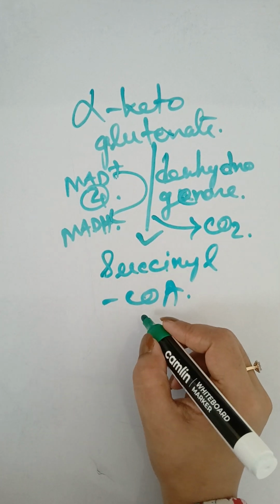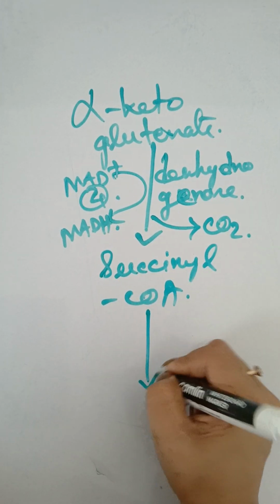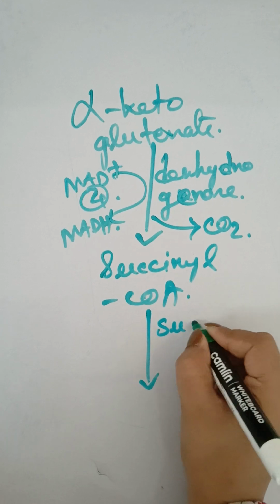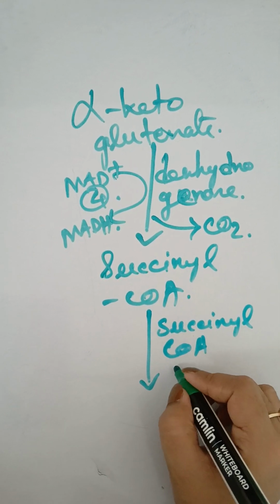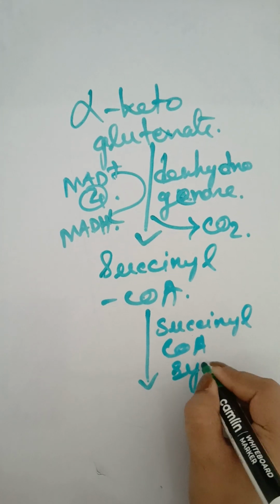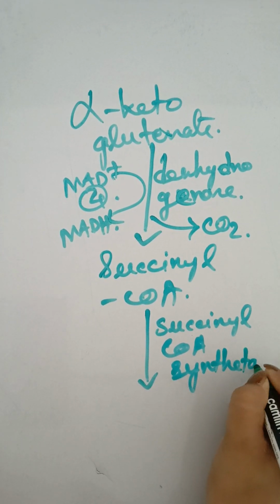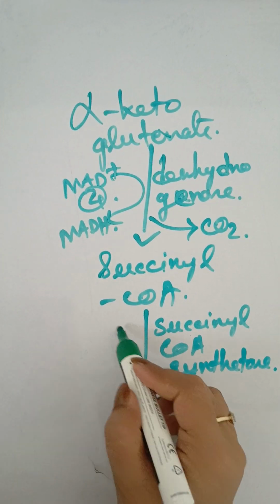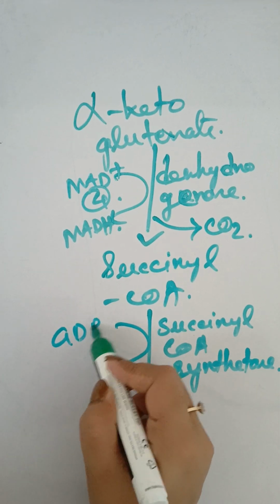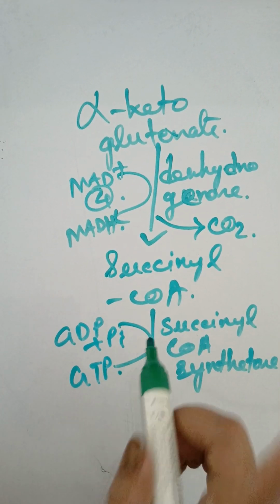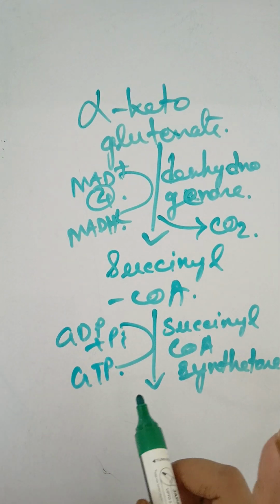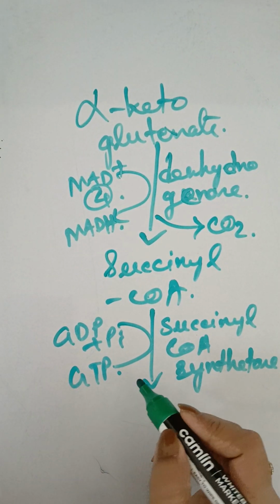Now from succinyl-CoA, with the help of succinyl-CoA synthetase, it will give rise to what? GDP plus Pi will give rise to 1 mole of GTP, as I have already mentioned in the summary of the TCA cycle.